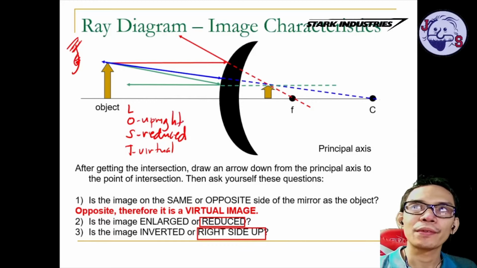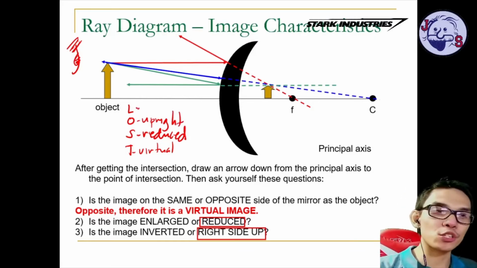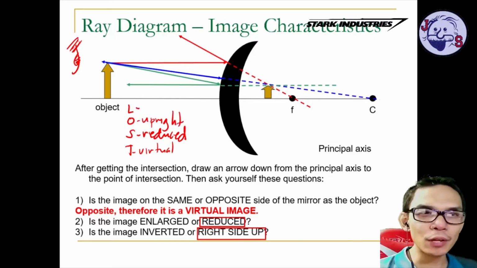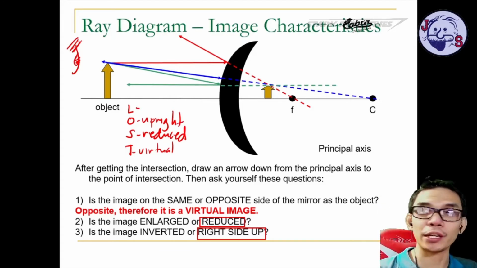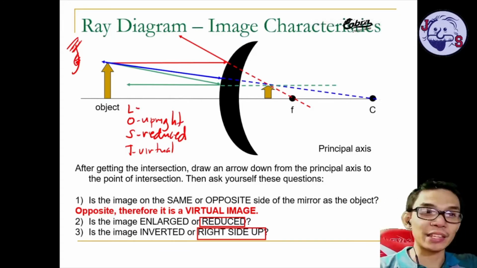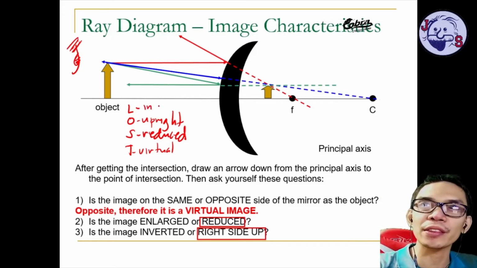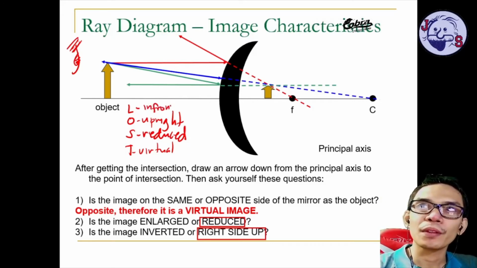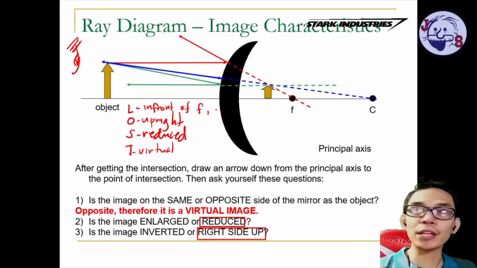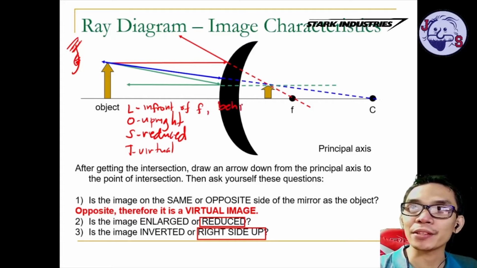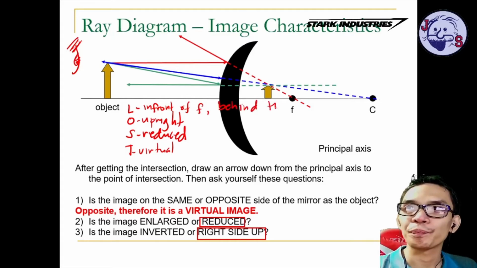Now, what will be the location? You can write here the location of the image in our ray diagram. You can write it in front of F, or you can have it behind the mirror.